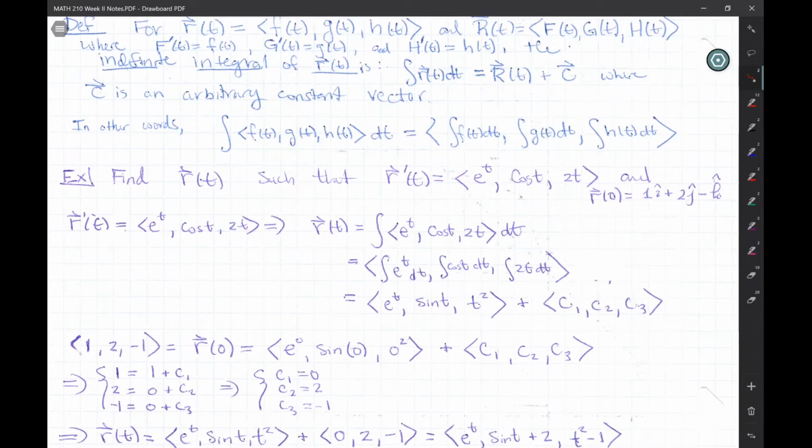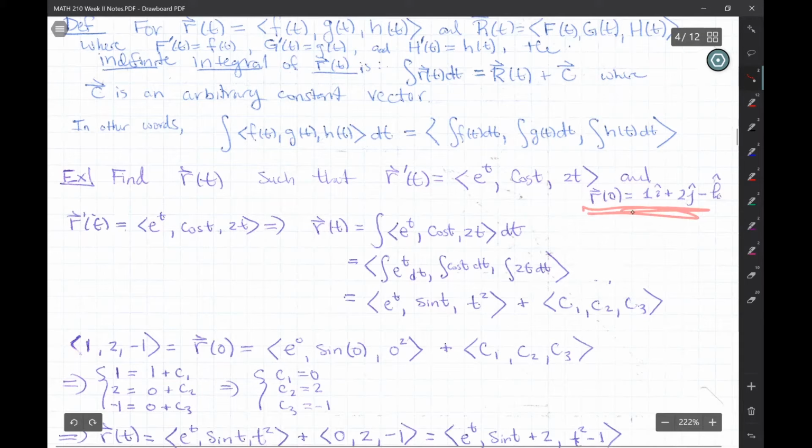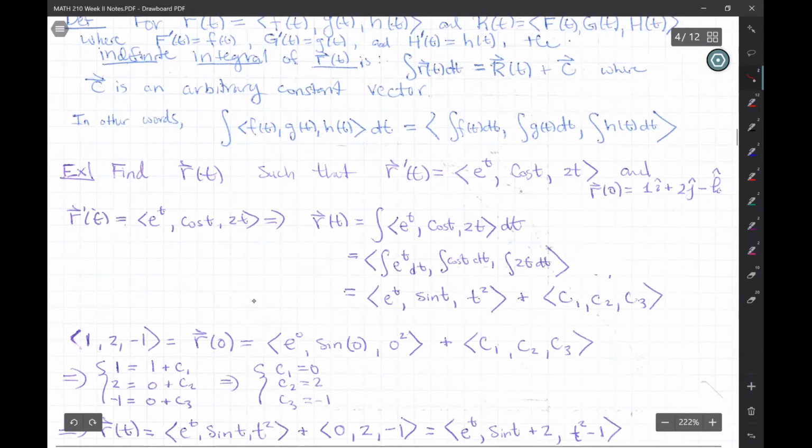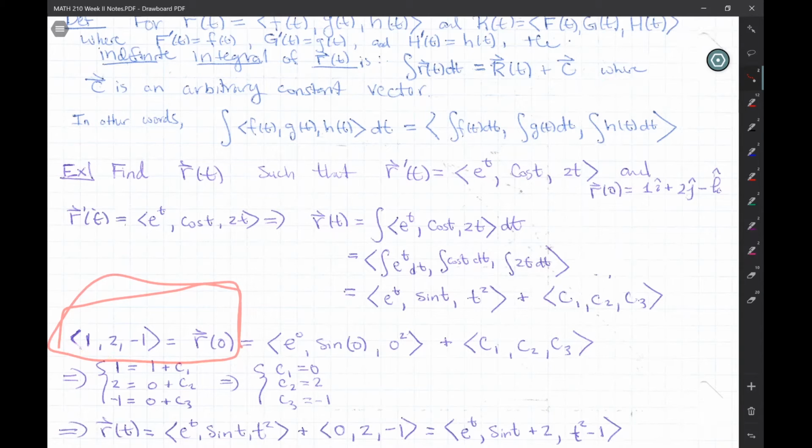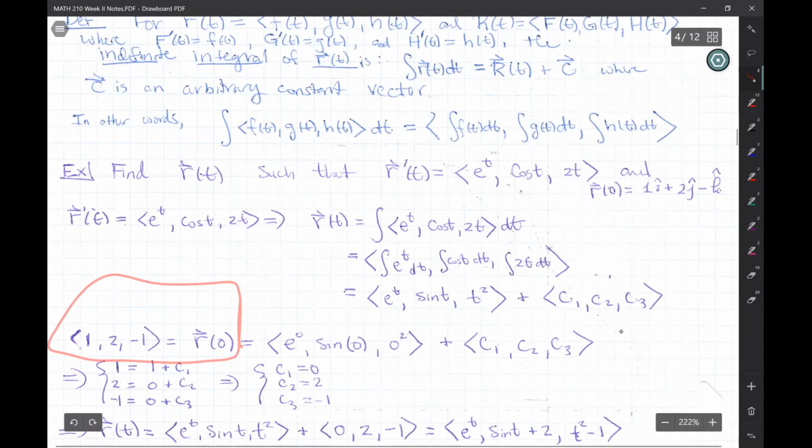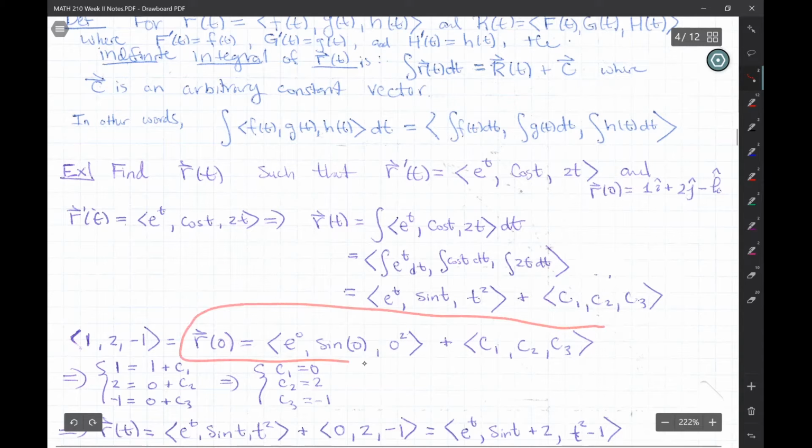What about making sure that this r satisfies this condition, that at t equals 0 it equals this vector? Well, this left-hand side that you see circled is the given condition. So that's the condition that we want to match. This right-hand side is what I get when I plug t equals 0 into my antiderivative.